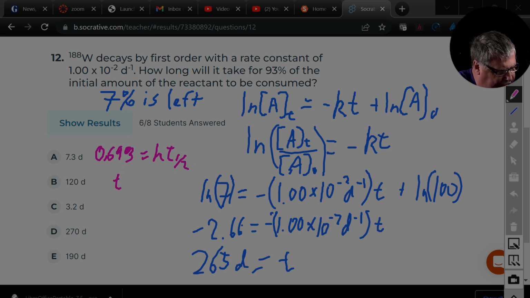So if you do that, I take 0.693 and I divide it by 1 times 10 to the negative 2, I get 69.3 days. So that means if I start with a sample of tungsten 188, after 69.3 days, or roughly 70 days, I'm going to be down to 50%.